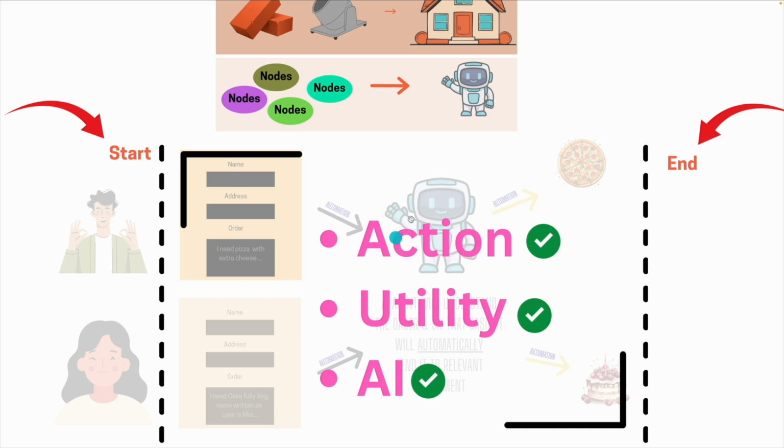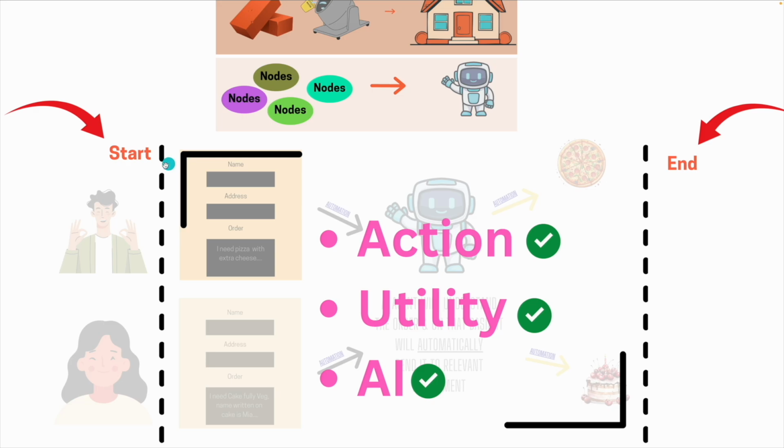So, my dear friends, here what happened is that first the automation helped the data come to the AI, then it understood what that order is all about, whether it's related to pizza or cake, and after understanding that, it forwarded that order to a specific department. Then the automation ended.